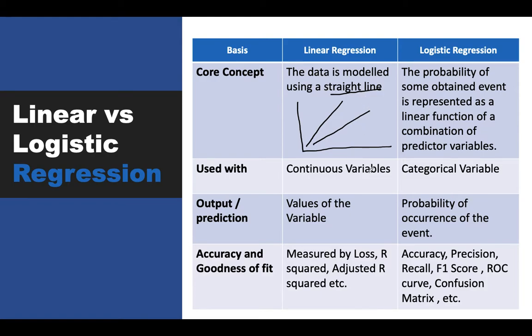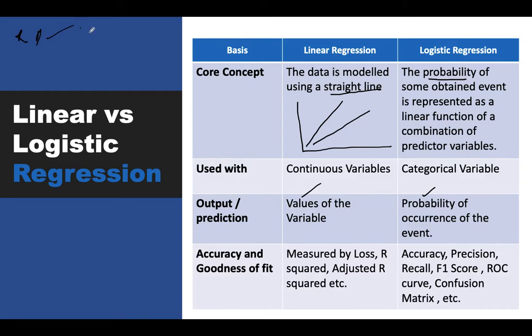These are continuous variables, whereas in logistic regression we use probability features. We use the probability of an obtained event. In linear regression you find the values; in logistic regression you find the probability. For understanding, say you have a question. In logistic regression you can ask what is the probability that there could be rain tomorrow or not.